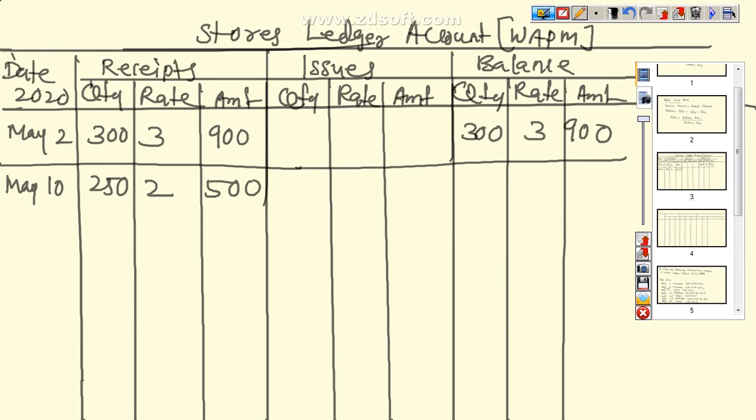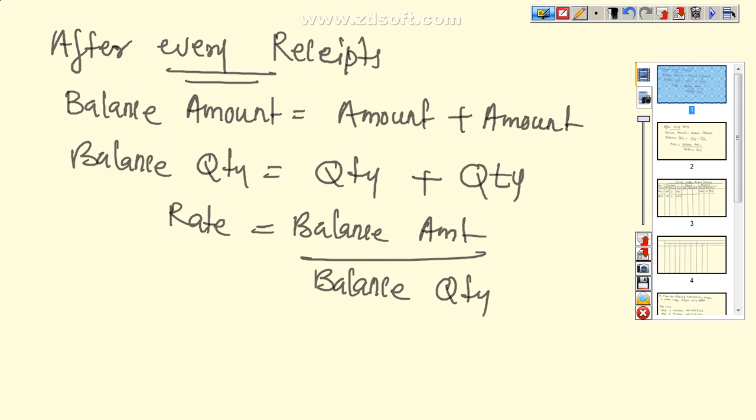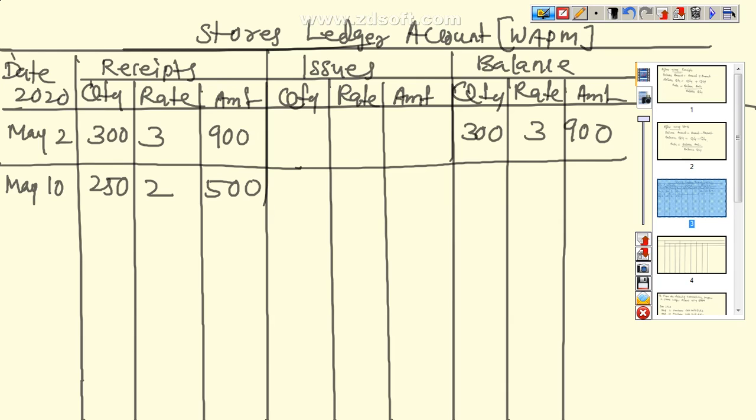Now we have to remember the formula. After every receipt, to calculate the balance amount, it is amount plus amount, and balance quantity is quantity plus quantity. Already we have 300 units and we have purchased 250 units, so 300 plus 250 is equal to 550.